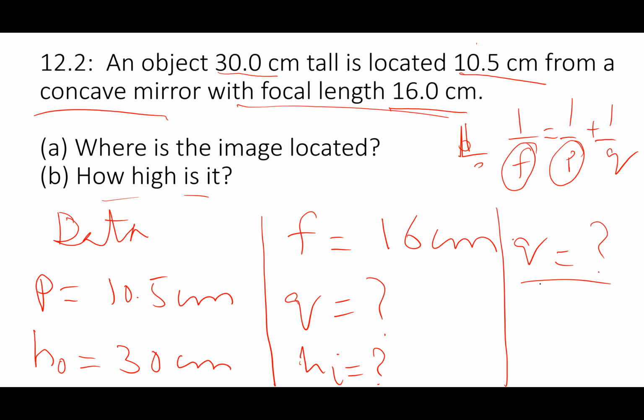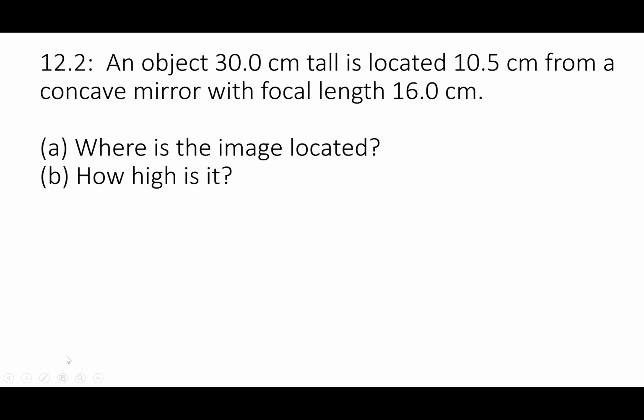Now, the next is we have to find the height of image. So we will use the formula for magnification. I will just erase this one and write again. After simplification of the given equation, you will get the answer.